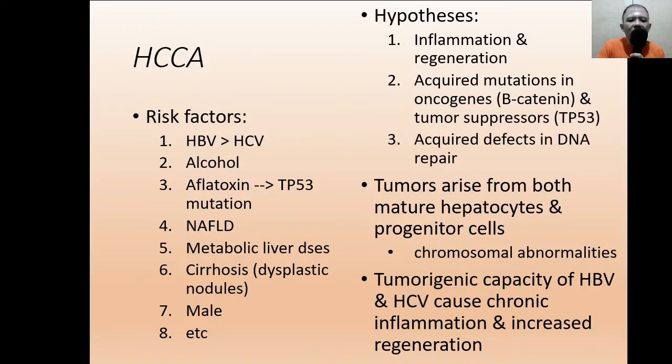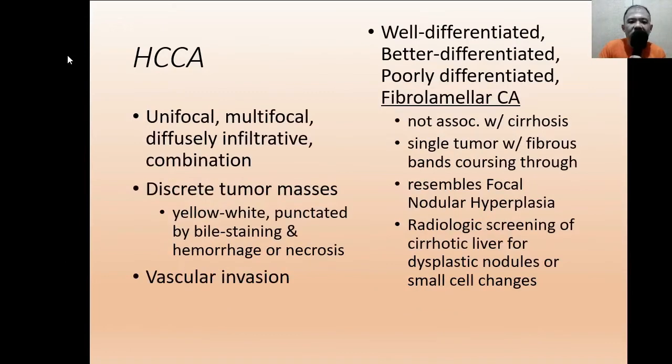Hepatocellular carcinoma, again, is multicausal, and you have many hypotheses. It's either from repeated inflammation and regeneration, beta-catenin mutations, or actual defects in DNA repair. Hepatocellular carcinoma can be unifocal, multifocal, diffusely infiltrative, or a combination. It can have discrete tumor masses, so one or two masses in the liver.